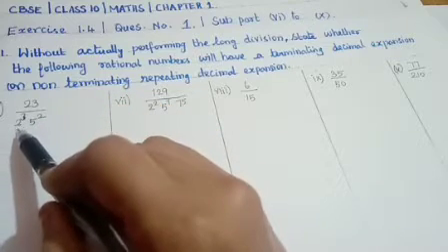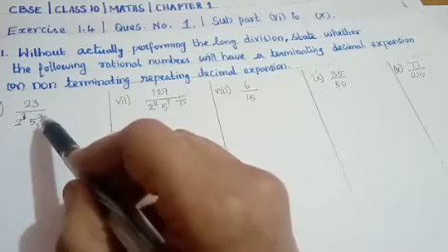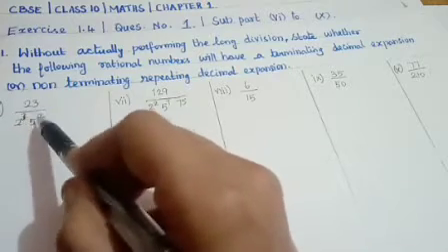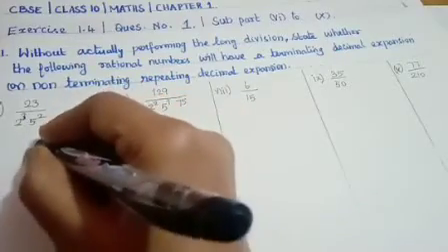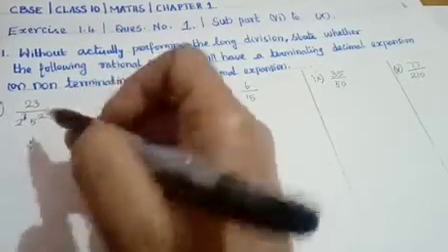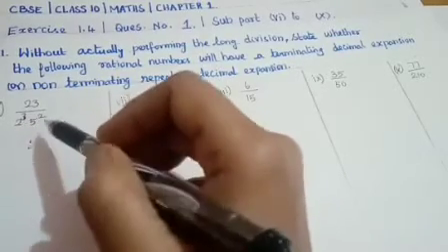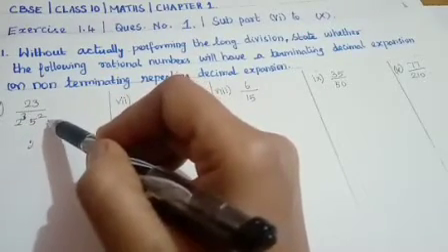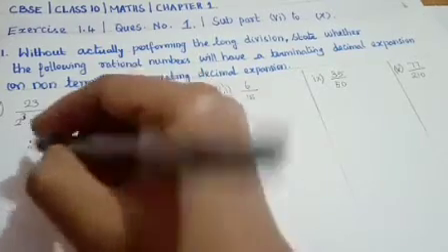Here it is of the form 2 power m 5 power n, therefore this will terminate. To equalize the powers, we have to multiply by 5 power 1 on numerator and denominator.